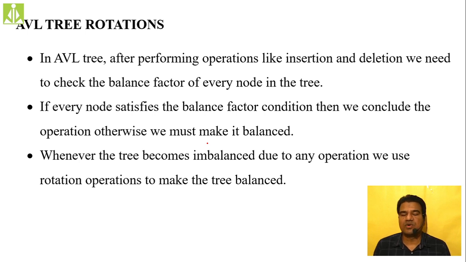We discussed these 4 types of operations for binary trees, binary search trees, and AVL trees also we will do the same thing. Okay, so whenever you are doing these operations, search and traversal are very simple operations, because in search and traversal we are not doing any modifications to the tree, isn't it? We are not removing any nodes or adding any nodes.